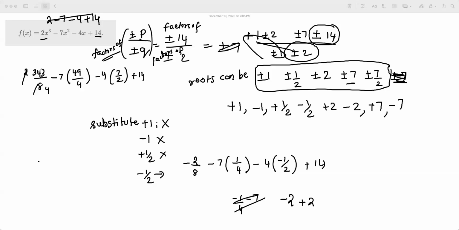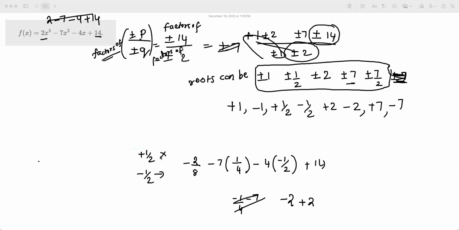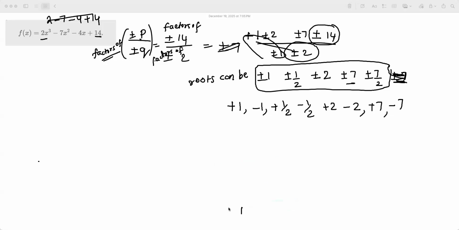Oh, this is 3 for 3. Oh, this cancels out. Yeah, they cancel out. 8 by 2 minus 14 plus 14. Nice. 0. Okay, so yeah, 7/2 works. So that being the case, let's go ahead and try that out. Seven over 2 works.